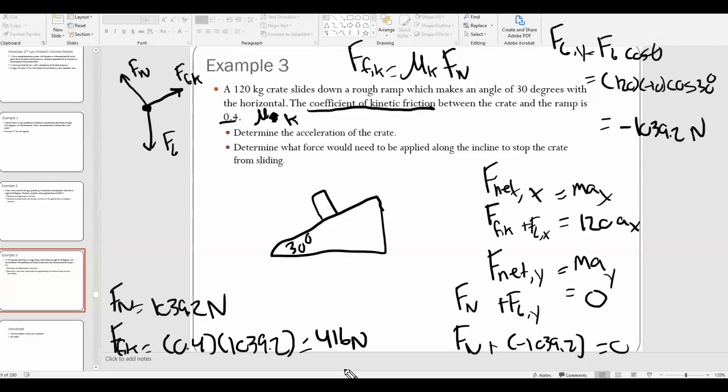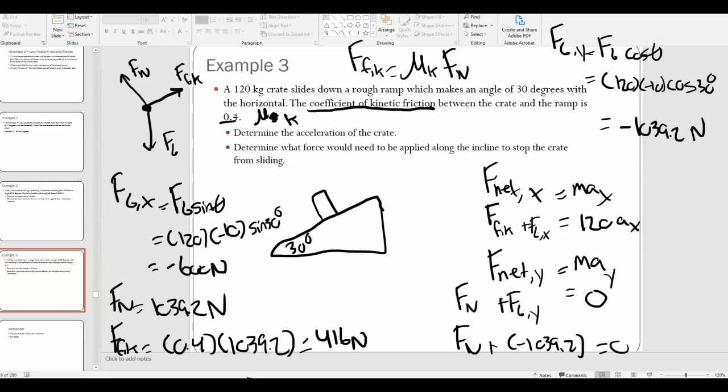And so when I go to plug in, I have FFK now. FGX I can calculate because FGX is Fg sine theta, and so that would be 120 times negative 10 times sine 30 degrees. And if you calculate that, you get negative 600 newtons.